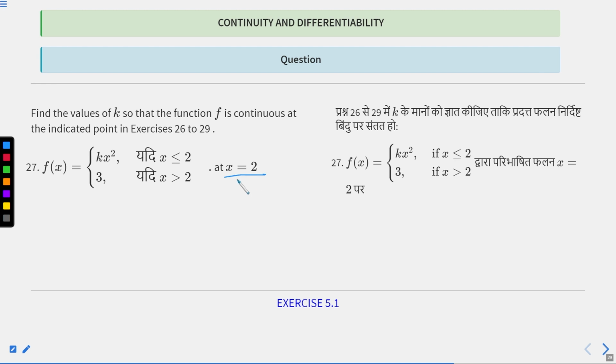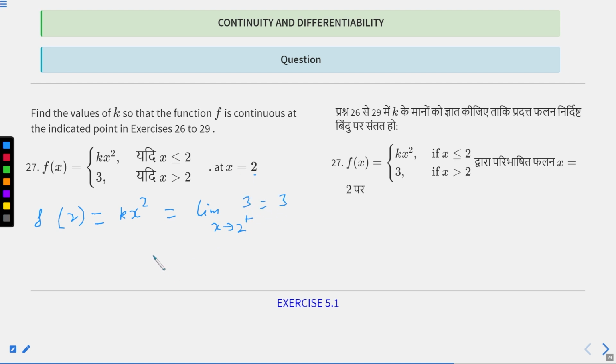So we have to check for this. First of all, f of 2. As you can see, f of 2 is equal to kx square. This will be the same as the limit as x tends to 2 from the right hand side, so it will be 3.